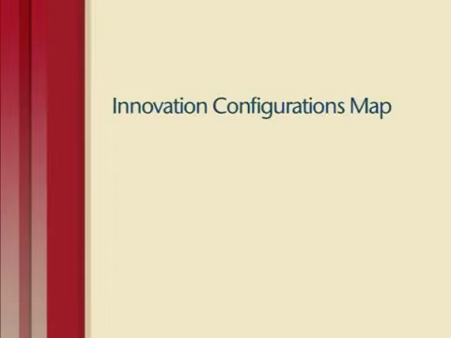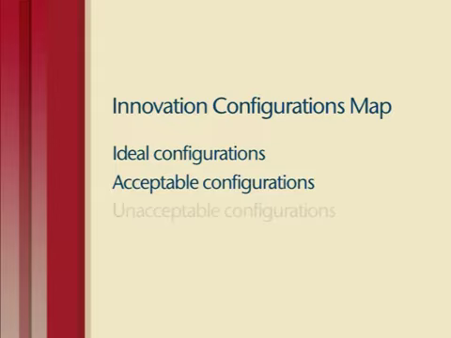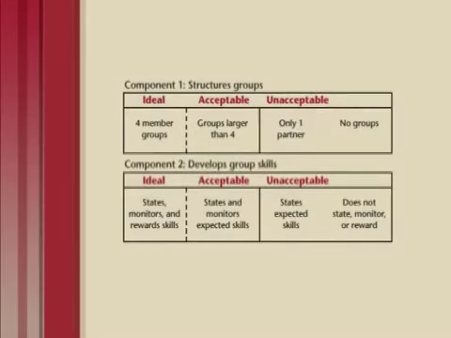The IC map shows which configurations are ideal, which are acceptable, and which are unacceptable. Frequently you'll see on an IC map some dotted and solid lines, vertical if you will.